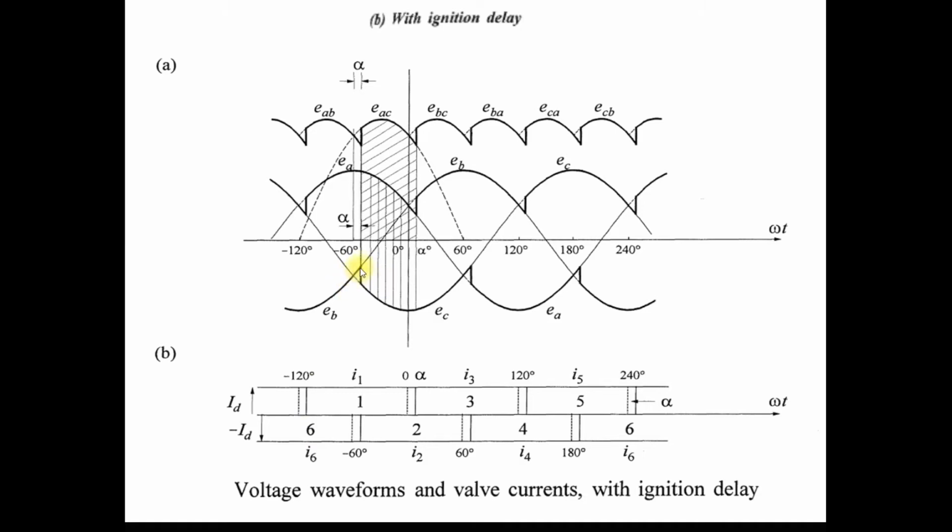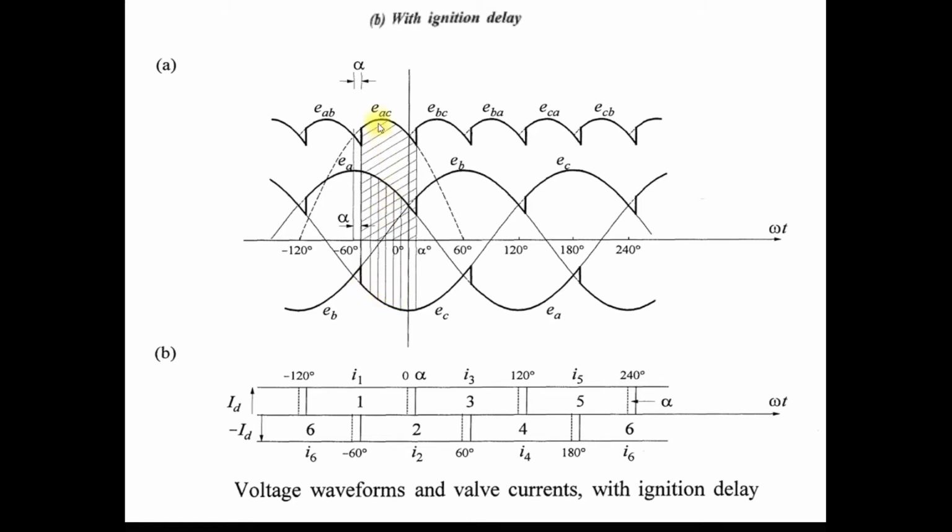Even after this phase crossover point, the next phase EC valve number 2 is still not fired. Even though it is forward biased after this phase crossover point, only when you provide the gate pulse will your valve start conducting. Here you provide this alpha, so at alpha degree your valve will start conducting. That's why at alpha your valve number 2 will start conducting.